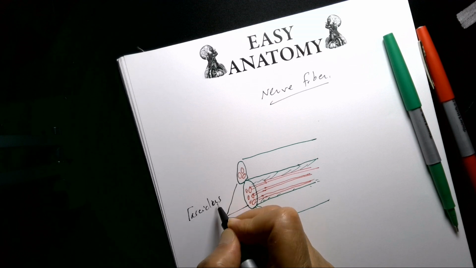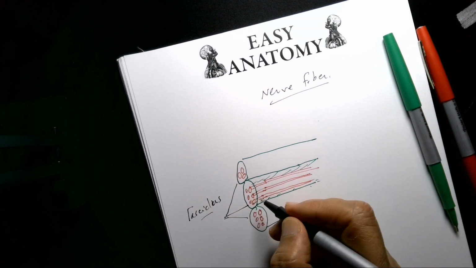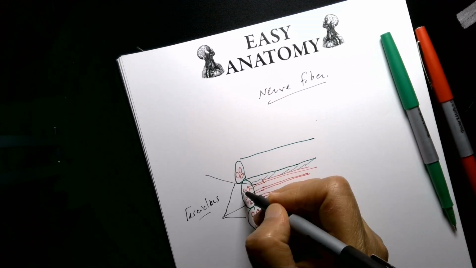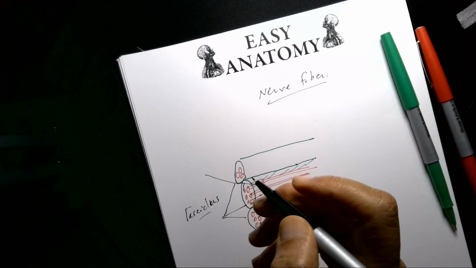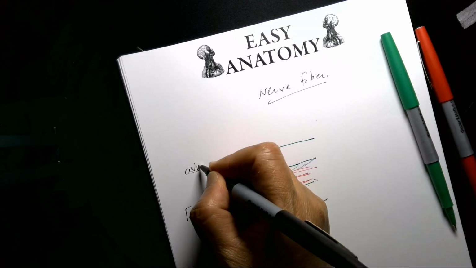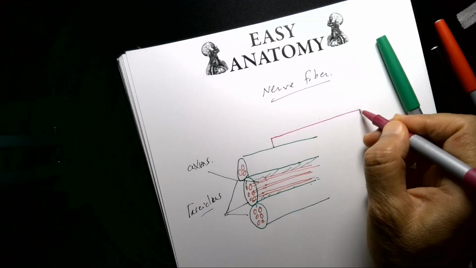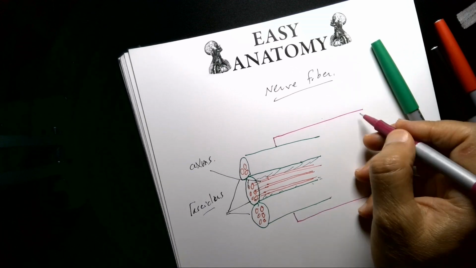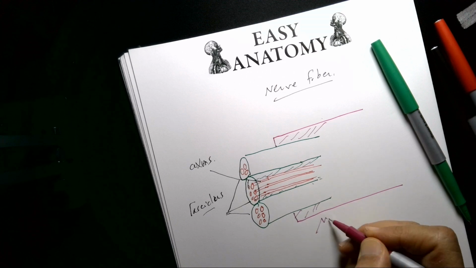The red, we call them axons. Then the collection of fascicles forms the nerve fiber.